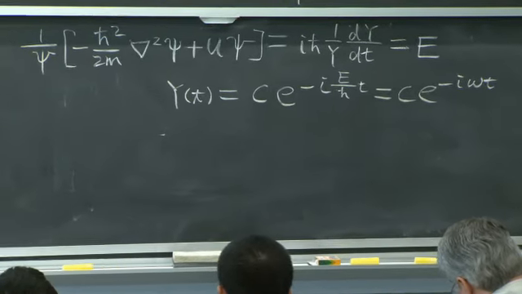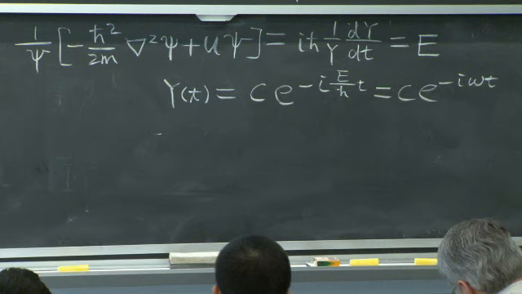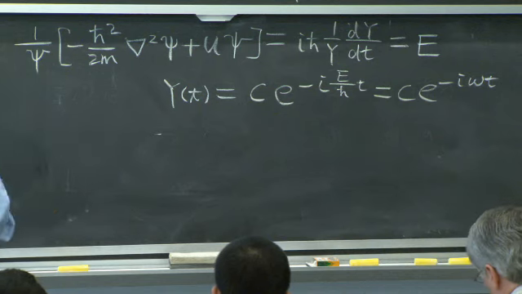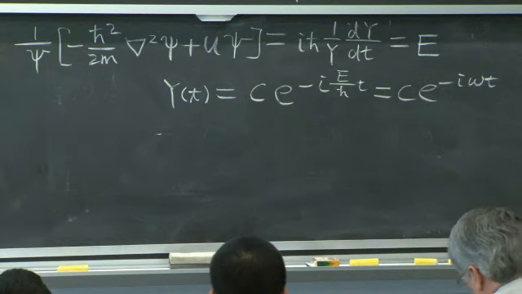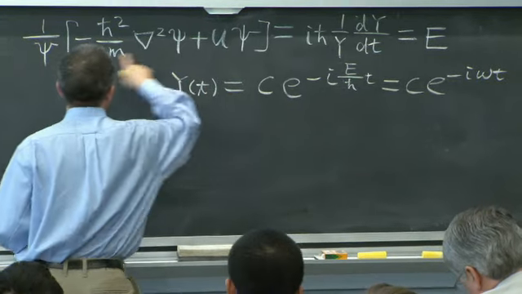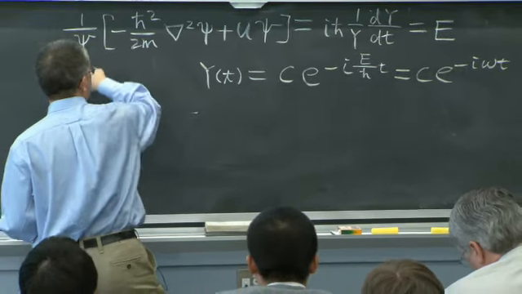And the space-dependent term, once I have the separation of variables, is, you see here, I multiply this E times psi.